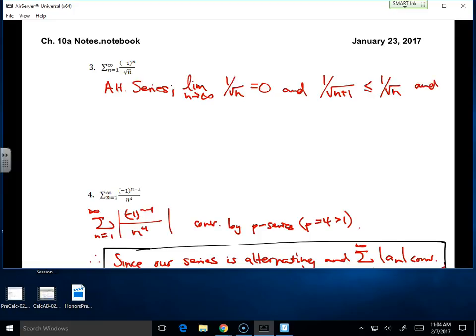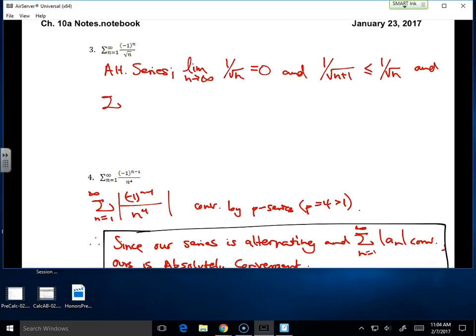Good. So let's keep going and look at the sum from n equals 1 to infinity of the absolute value of negative 1 to the n, all over root n. We're just looking then at 1 over root n, which diverges by what? Can we just write a sigma as opposed to 1 to infinity?